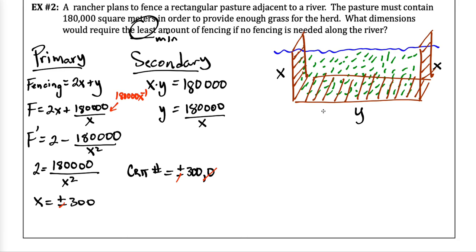How could you make it so y would be bigger than 180,000? If x is less than 1. Now, those answers don't really make sense, but it's not our purpose to decide that. We're just trying to figure out this situation, maximize area. So our domain is theoretically 0 to infinity.